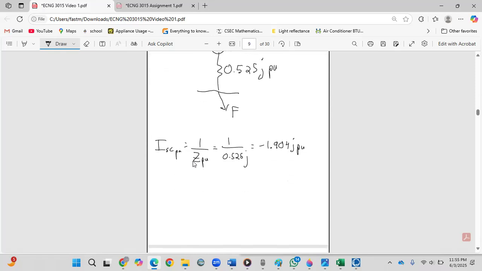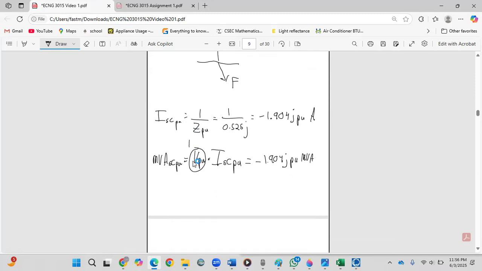Right, and then MVA short circuit is equal to V per unit multiplied by I short circuit per unit, and since V is 1, this will also equal minus 1.904 J per unit. In this case it will be MVA, because this is MVA short circuit, and this is amps. Cool.